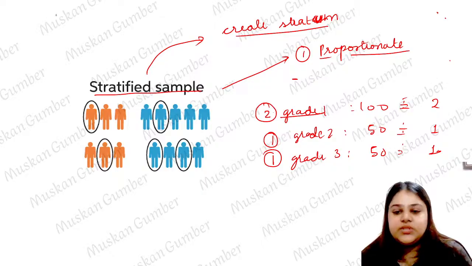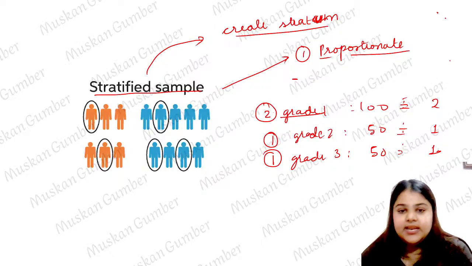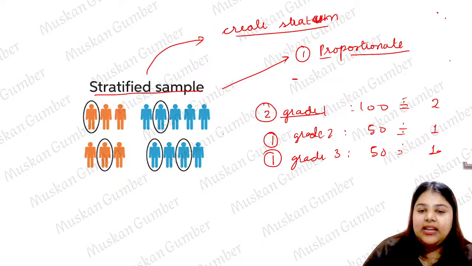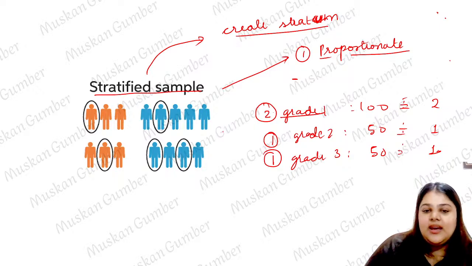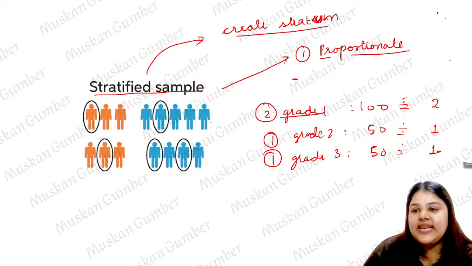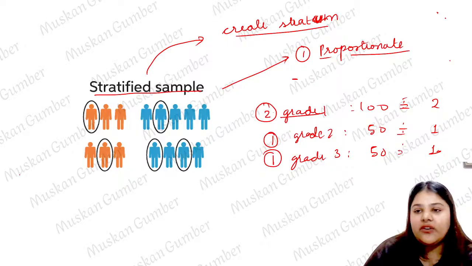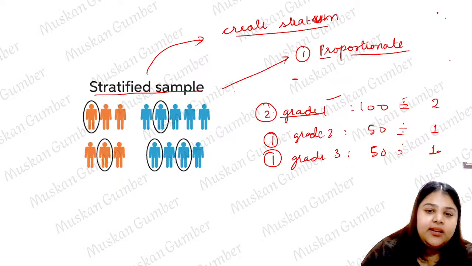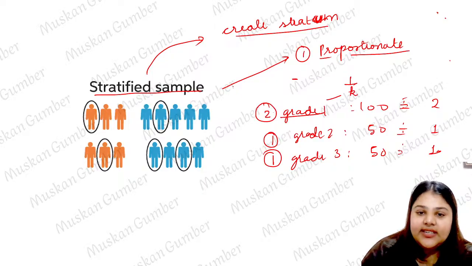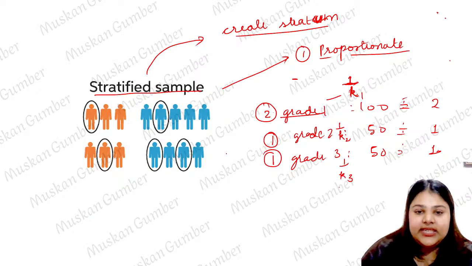Now you tell me one thing. Can I say that I can calculate the probability of each person getting selected in each of these strata also? So I can say that from grade 1 everybody has an equal chance of getting selected, so 1/k1. Here also 1/k2, 1/k3, and so on.